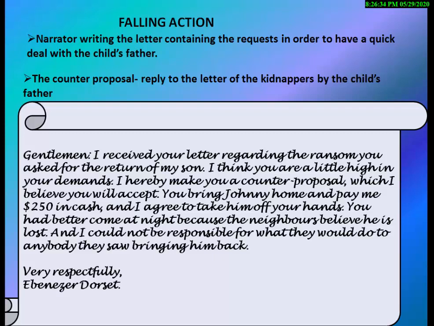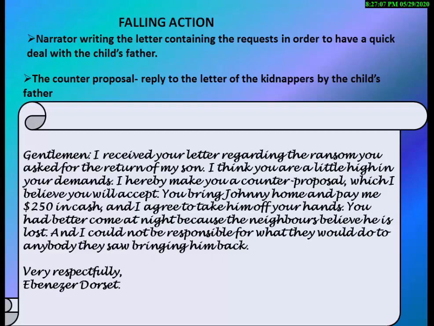So here you see the counter proposal was not as they anticipated. They expected the father to leave the ransom money in the box, but instead the father asks them to pay him $250 so that he will take Johnny from them, and also advises them to come at night, because if they come in the daytime, the neighbors would be furious to see the mischievous boy back in the neighborhood.